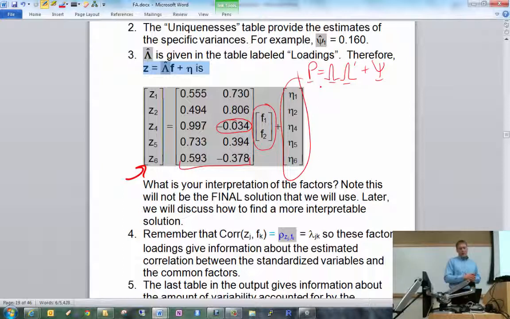Now, the reason why I bring this up is because it allows us then to come up with a way to evaluate the fit of our model. All of you have seen regression models before, and you've seen with regression models, one way to evaluate the fit is to look at the residuals. And with these residuals, the closer they are to 0, essentially, the better the fitting the model.